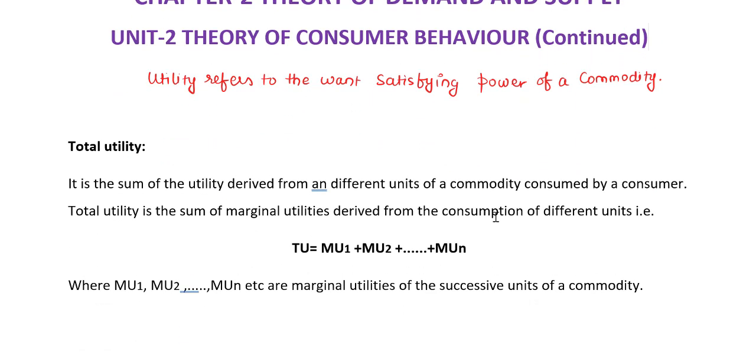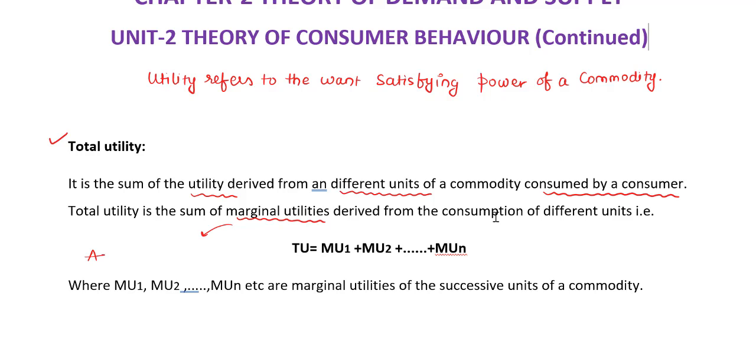Let's see the meaning of total utility. Total utility is the sum total of all the utility derived from different units of a commodity consumed by a consumer. That means the total utility is the sum total of all the marginal utilities.